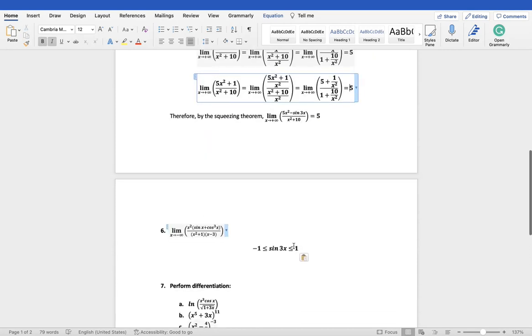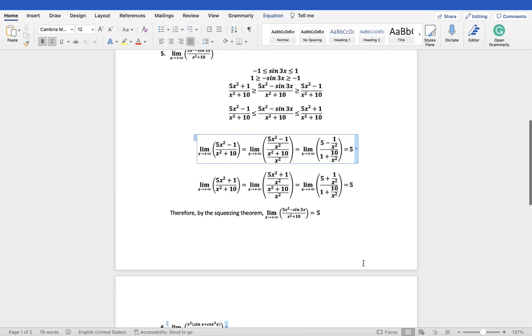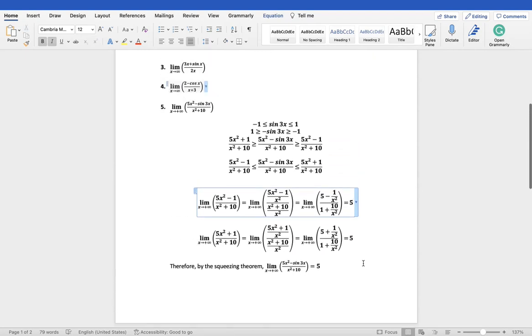You can look it up as homework, or for your own information. You can look up the squeezing theorem and see if there's any case where it comes up with two different values and what they do in those cases, okay? But so far, I've never come across a case like that, especially for you guys who are doing first year mathematics.